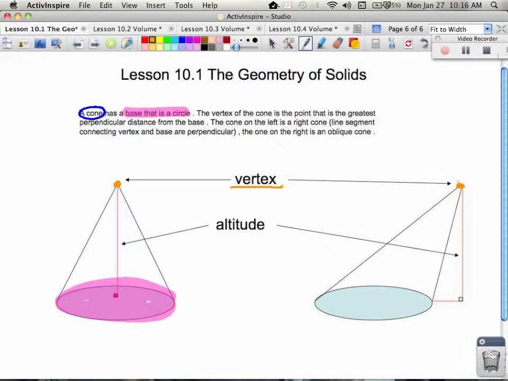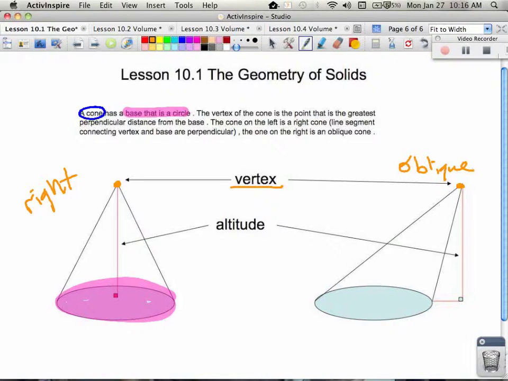We also notice that on the left-hand part of the slide, we have a right cone. That's because the line segment connecting the vertex and the base are perpendicular. And on the right side of our slide here, we have an oblique cone.